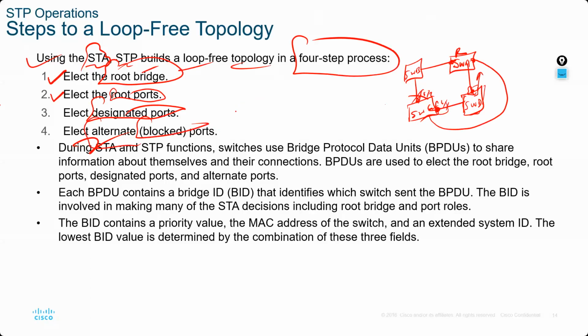So if I did not win the election, and I have decided that the best way to go to the root bridge is through this route, I'm going to show you why they make that decision and how they make that decision. The port you are using to push messages out to go to the root bridge is called the root port. The other one you block is called the alternate port. What happened to all other ports? Because computers will be connected to this switch, all those ports are called designated ports.